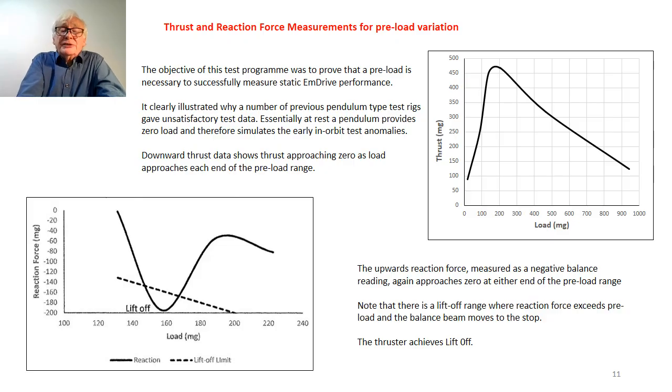And the obvious thing you can see from the measurements of thrust against preload is that as you approach each end of the preload range from 0 to 1,000 milligrams, the thrust, which is around 500 milligrams at its maximum, approaches zero. I mean, this is exactly what you'd expect from the consideration of the theory and consideration of the effect of conservation of energy.